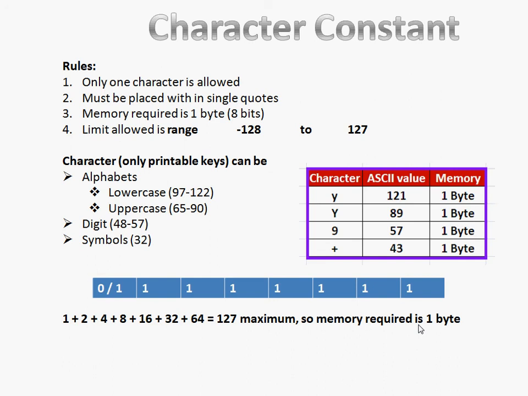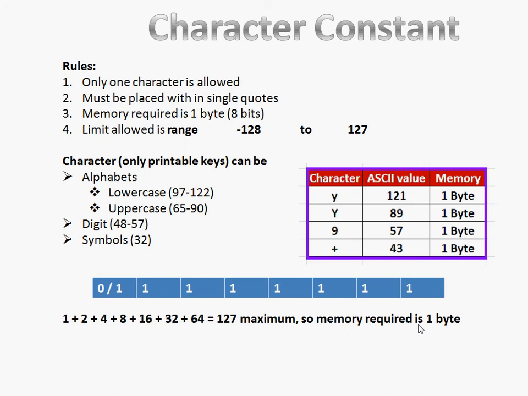If we remember the first video, we have seen there are 127 key combinations which can be entered from a basic keyboard. So whatever the combinations or whatever the characters we enter, the maximum value of ASCII value is 127.